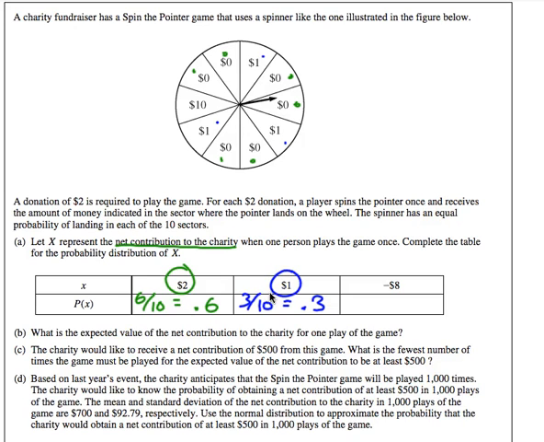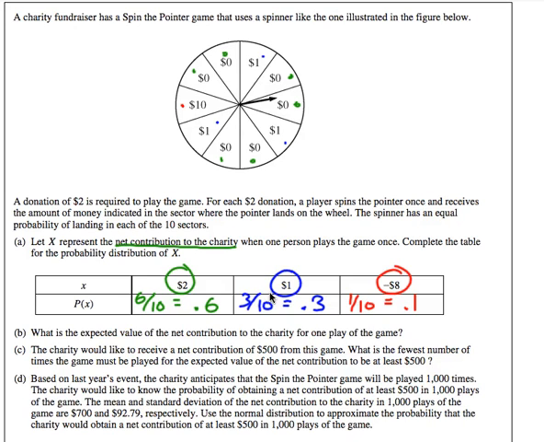And for the charity to be down $8, obviously that means the person won 10, because they gave 2, but then they won 10 back, so the charity is giving up $8. And that is one of the 10 sectors, so we're talking about 0.1. All right, so that's it for A.